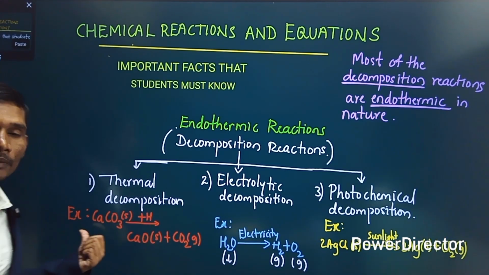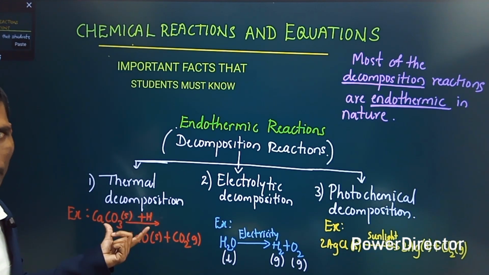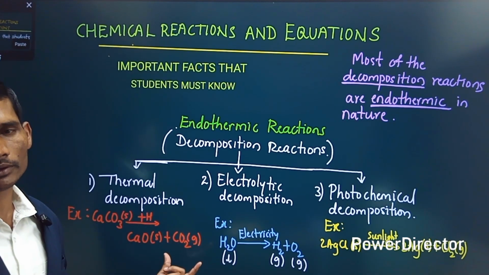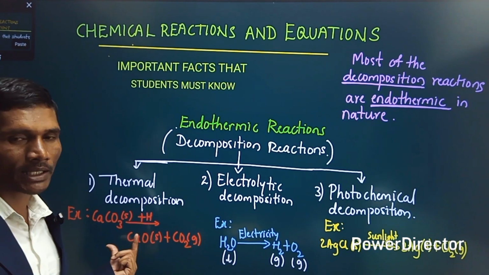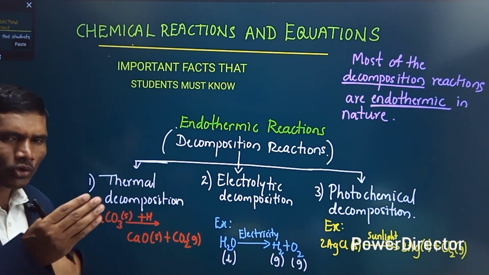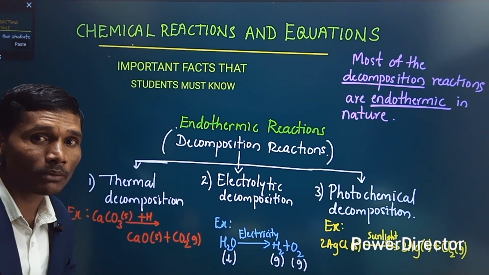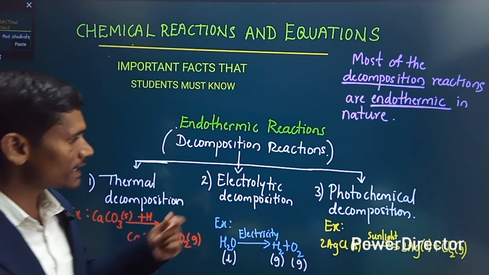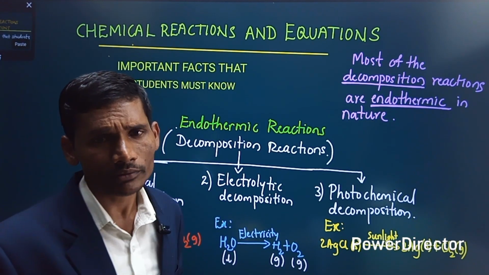Say for example here, limestone, when it is heated, it is giving us quick lime plus carbon dioxide. It is giving two products from this single reactant, right? So what we say is, this is thermal decomposition, because decomposition is taking place with the help of heat. Therm means heat, it is absorbing heat. So next, coming to here, electrolytic decomposition.